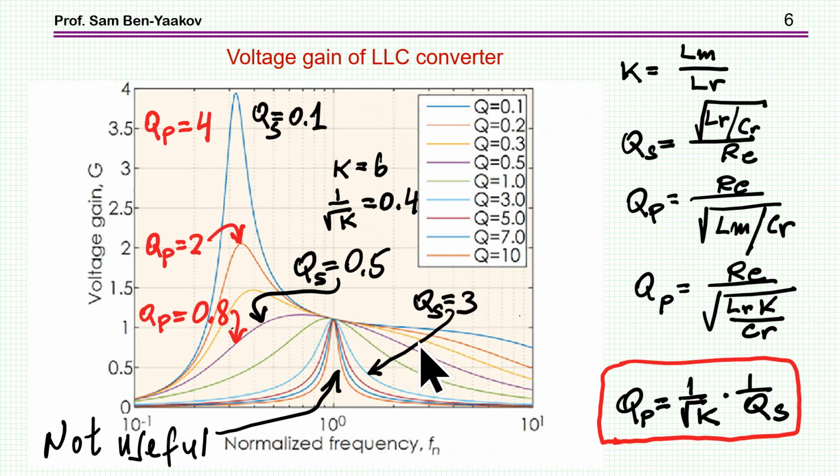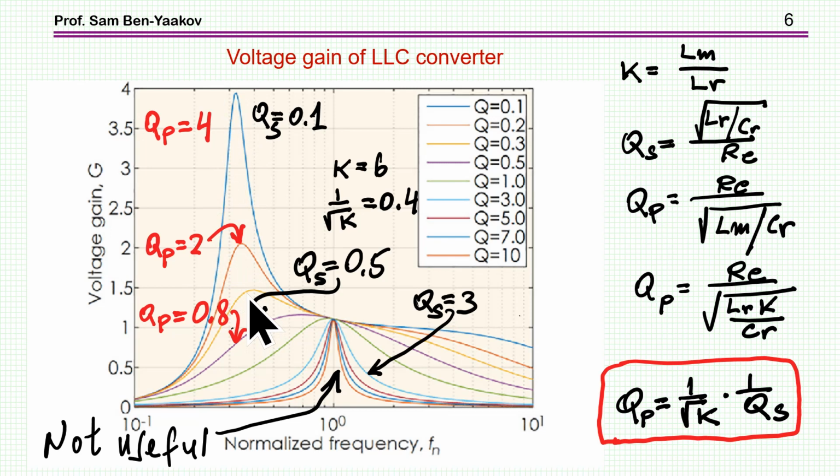I've shown in an earlier video that in fact we have two quality factors that we can think about or talk about. One is the series one and one is the parallel one, which is actually responsible for this gain.